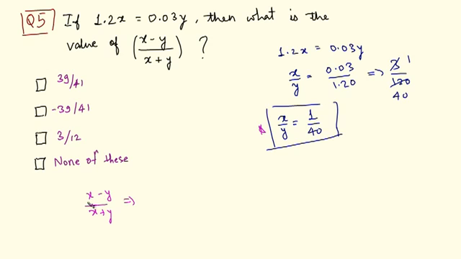So if you observe carefully, and if we divide the numerator and the denominator by y, we can get terms similar to x by y. So x minus y divided by y upon x plus y divided by y, and that doesn't change the value because we have divided the numerator and denominator with the same value.